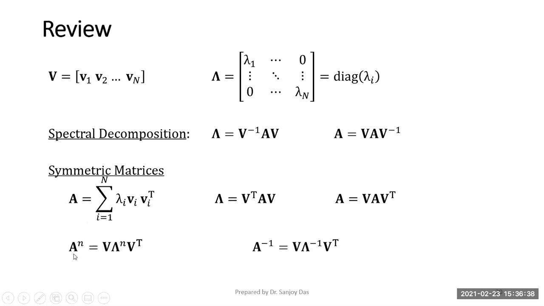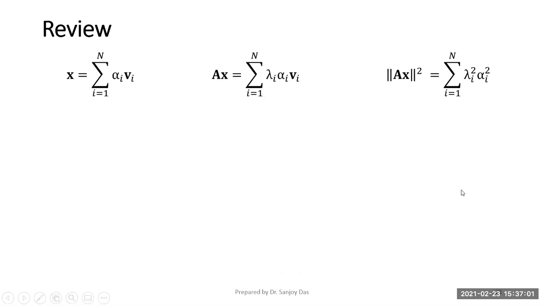We can take A to the n, A inverse, and so on, A to the half, e to the A, and all we have to do is this spectral decomposition theorem comes in very handy. This is lambda, right? And so all we have to do is carry out those operations on the diagonal elements of lambda. And this is for symmetric matrices.